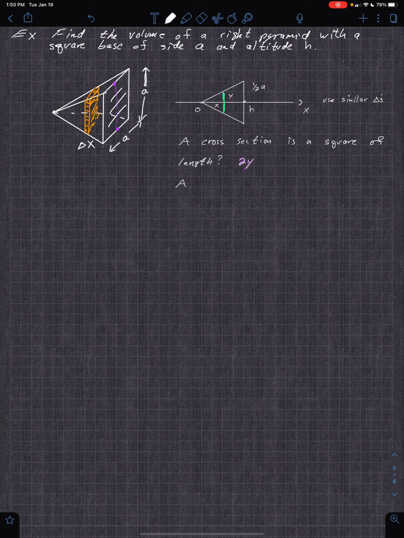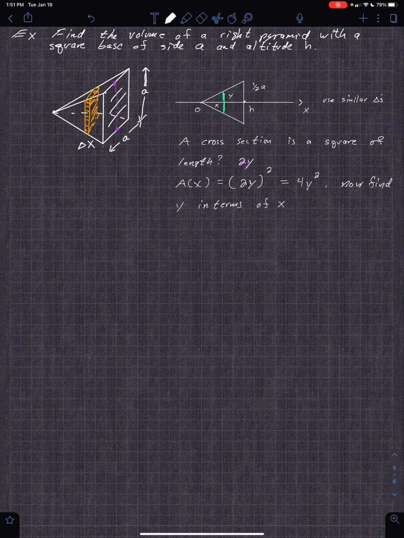So area in terms of x is 2y squared, or we say 4y squared. Now we need y in terms of x.